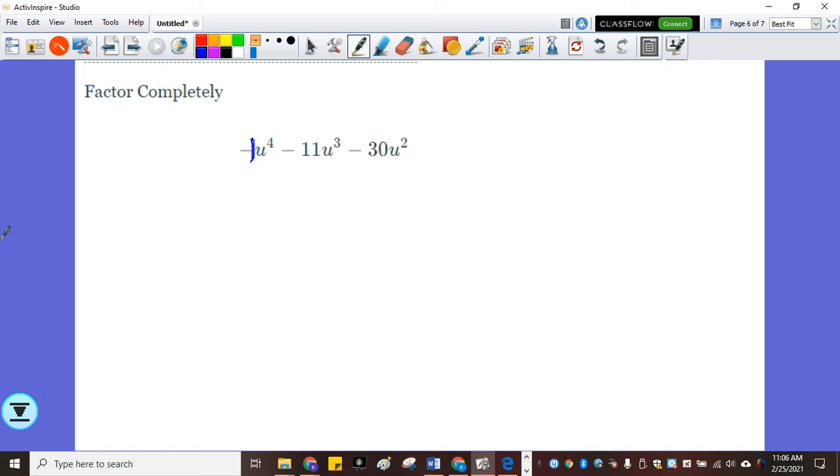So what is my greatest common factor? What number do they have all in common? 1, 11, and 30. What's the biggest number they have in common? Yeah, 1. They all have a 1 in common.